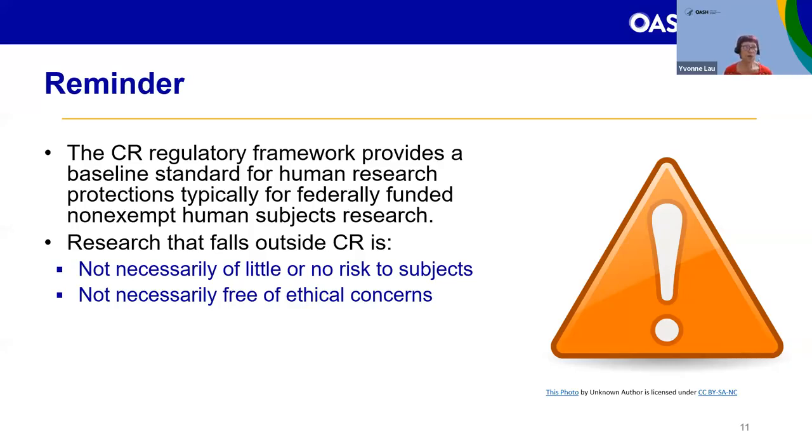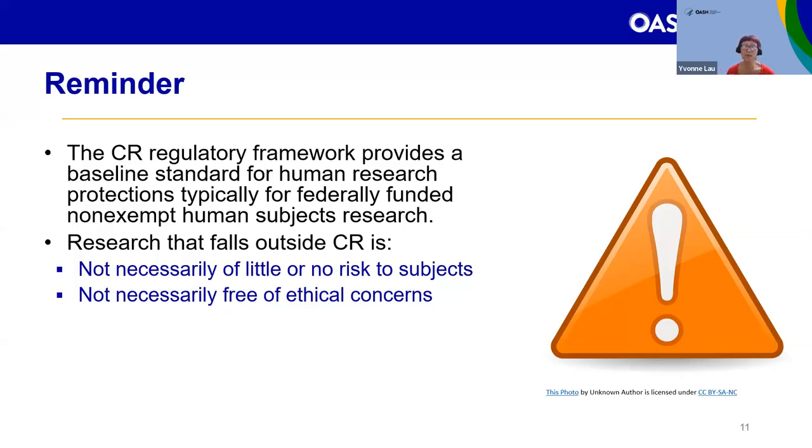that the research one is going to propose, where the common rule does not apply, is necessarily of little or no risk to subjects at all. There could potentially sometimes be risk in that research, right? So the fact that the common rule does not apply to the research does not mean that research has little or no risk to subjects. And it does not necessarily mean that it's free of ethical concerns either, right?